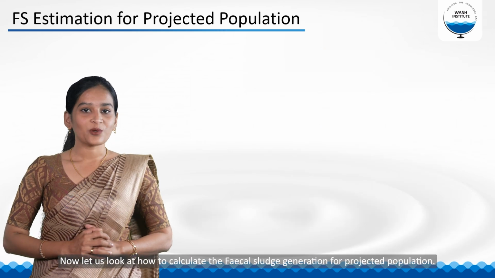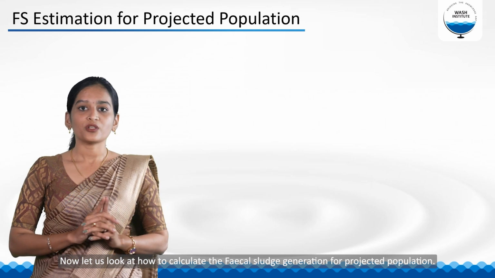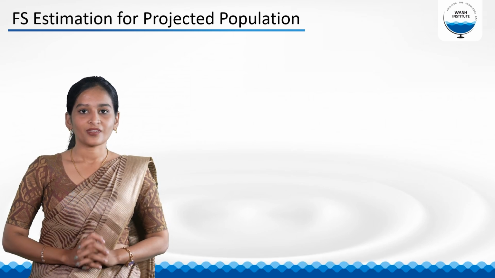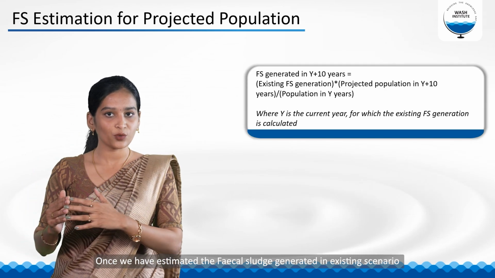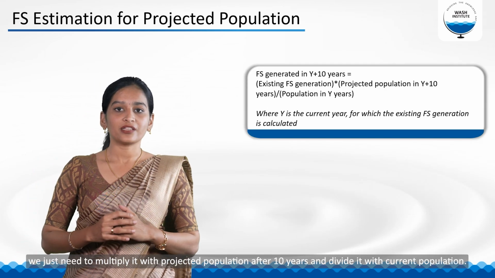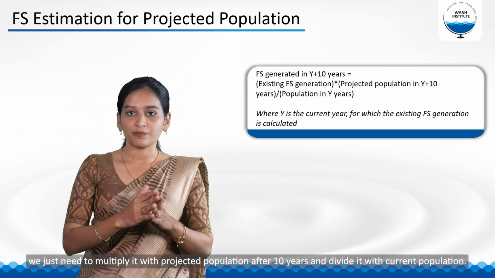Now, let us look at how to calculate the fecal sludge generation for projected population. Once we have estimated the fecal sludge generated in existing scenario, we just need to multiply it with projected population after 10 years and divide it with current population.